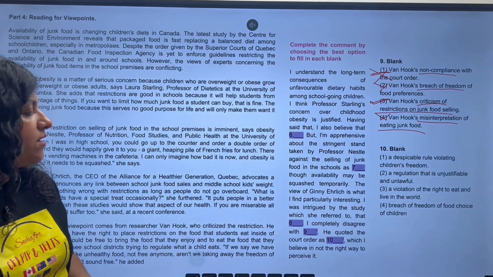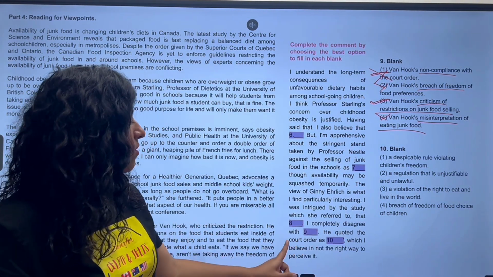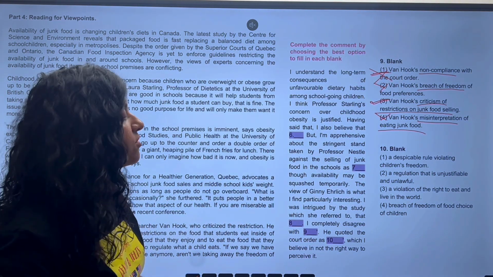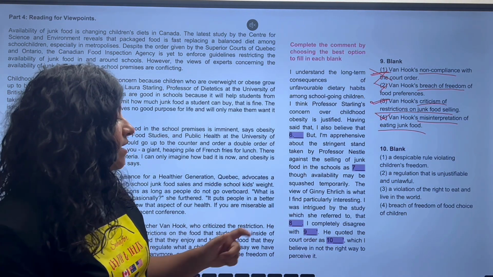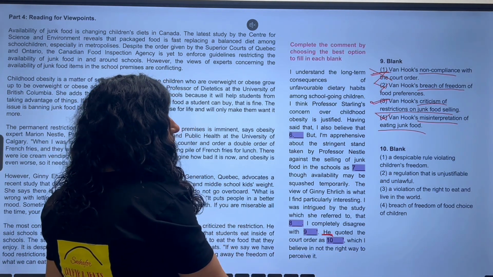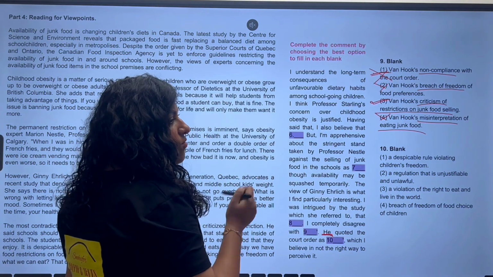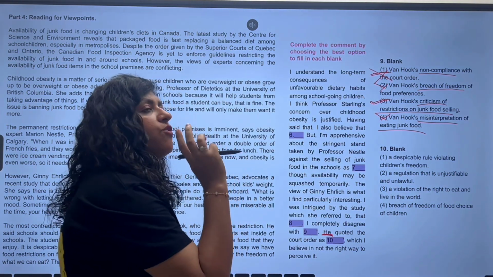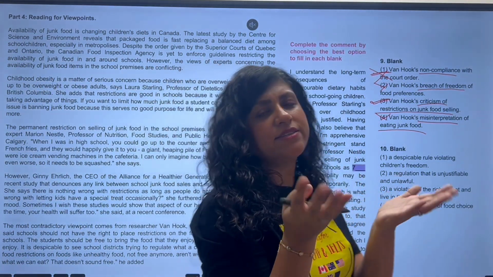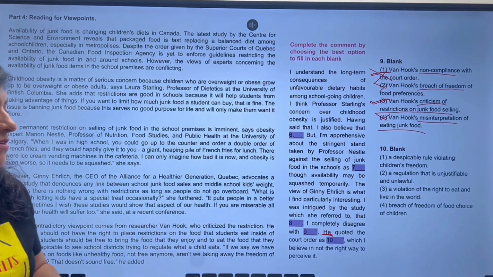And now we come to the last question. The reader further says, he quoted the court order as something which I believe is not the right way to perceive it. So he here refers to Van Hook. We are talking about Van Hook, that Van Hook quoted the court order as. So what is Van Hook's basically viewpoint about the court order, how he sees the court order.